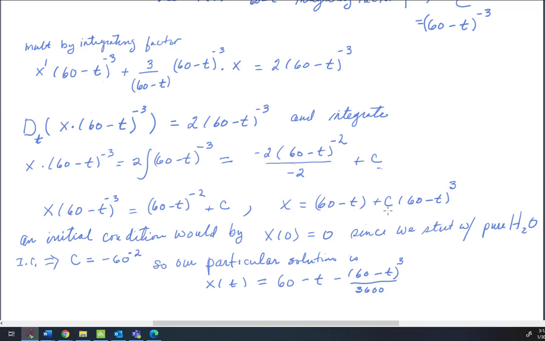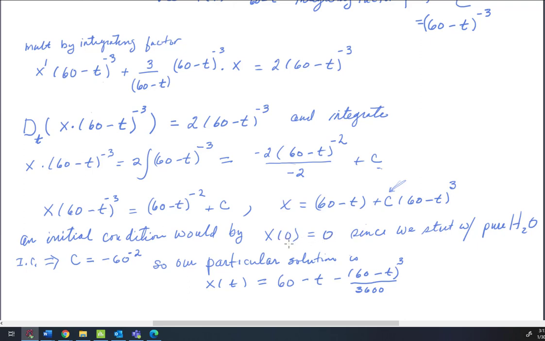Now, it's a general solution because it contains an arbitrary constant c. Do we have an initial condition in this problem? Well, we didn't state it as such, but we do have an initial condition. The initial condition is that the amount of salt, which would be x of t, at time 0 was 0.